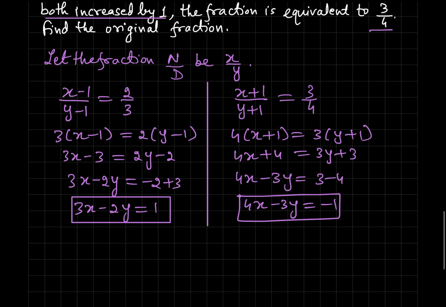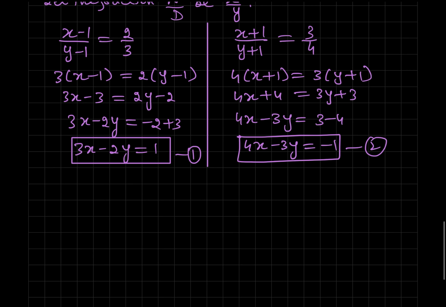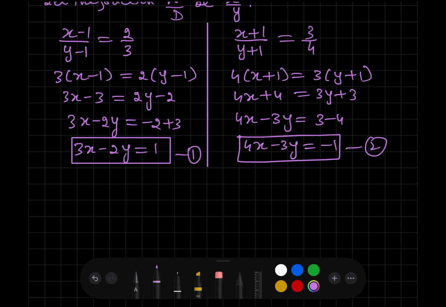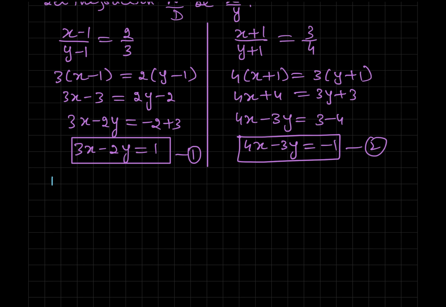Now we have to solve equation number 1 and equation number 2 to get the values of x and y. So this is 3x minus 2y, 4x minus 3y. I think we should multiply both the equations, then only we will be able to solve it. Multiply equation 1 by 3, and equation 2 by 2.